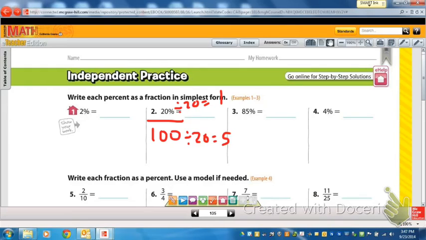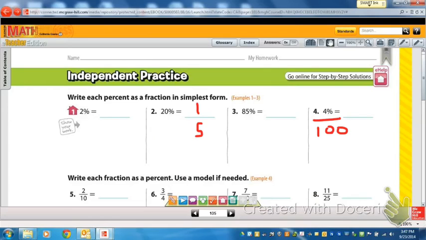So my answer for number 2 is 1/5. Number 4, put that over 100. 4 divided by 4 is 1, and 100 divided by 4 is 25. So my answer for number 4 is 1/4.